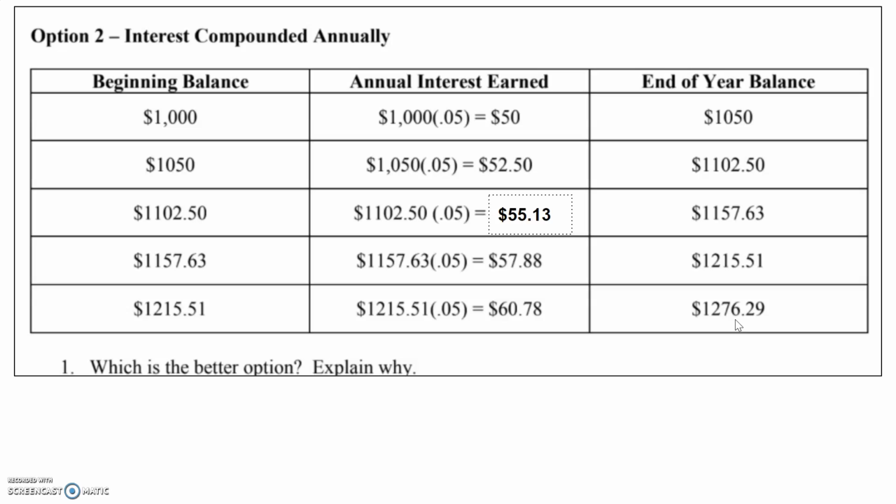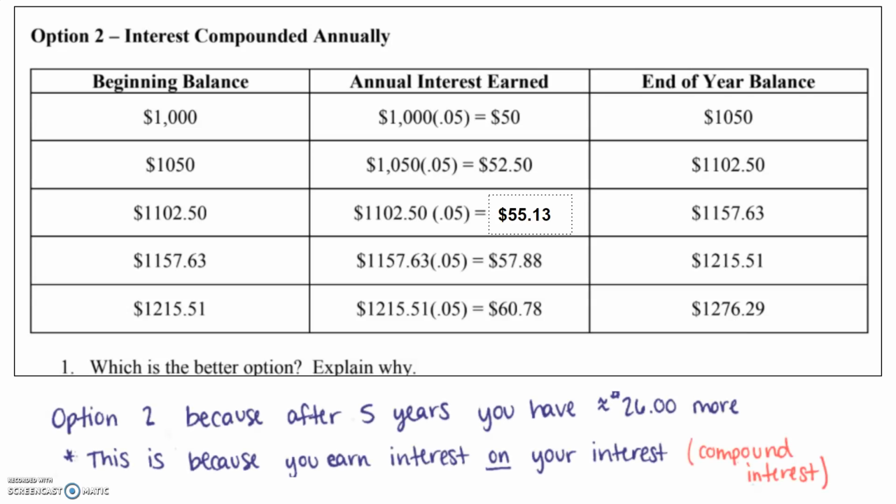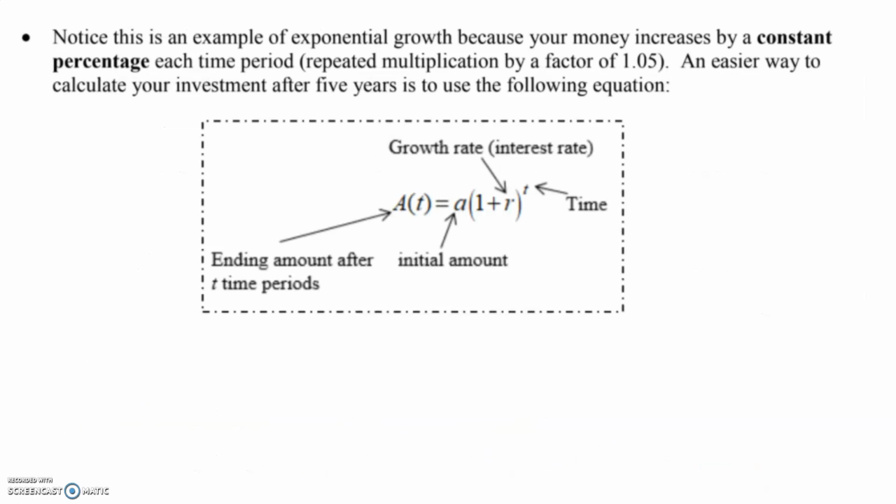So just over a 5-year time period, it made that big of a difference. $26 over a 5-year time period on $1,000 at 5% interest compounded definitely makes a difference. And we can make it even bigger if we wait a longer period of time, if we compound it more often. There's a lot of different variables that we can start messing around with.